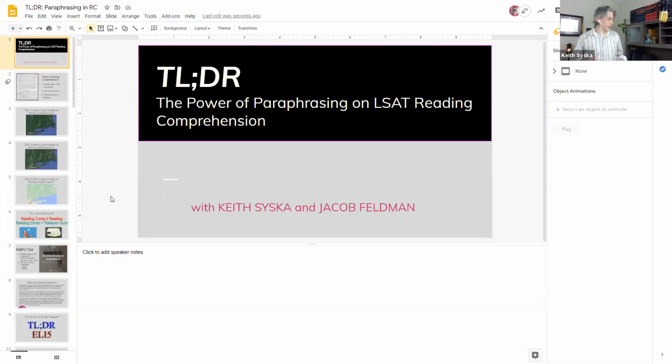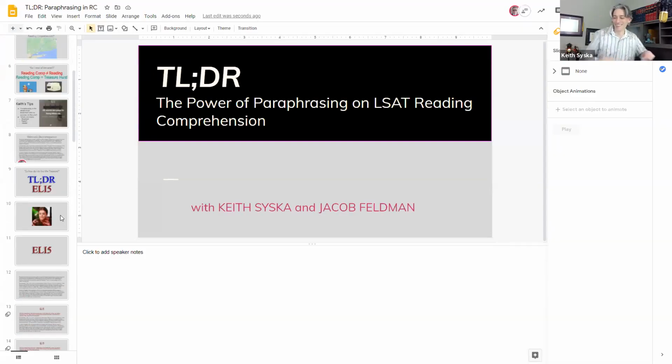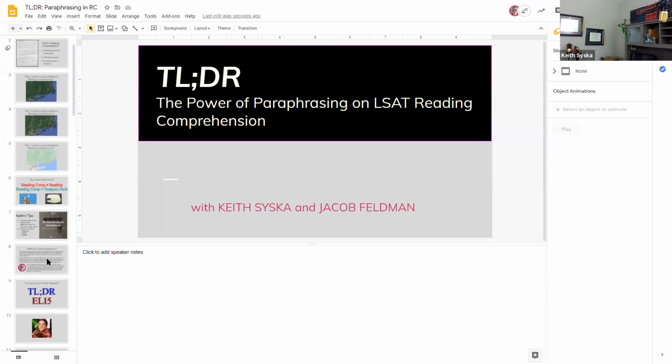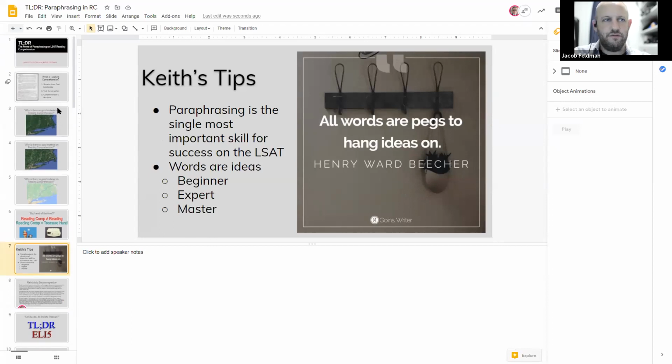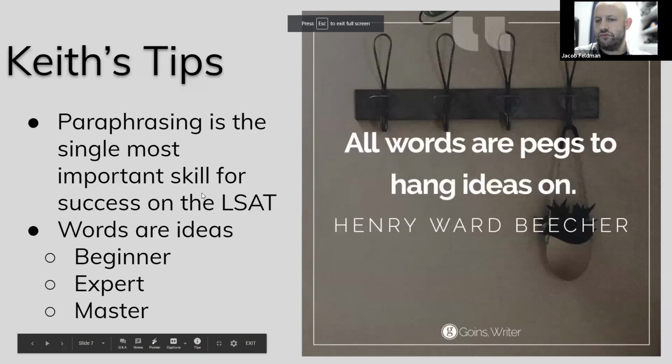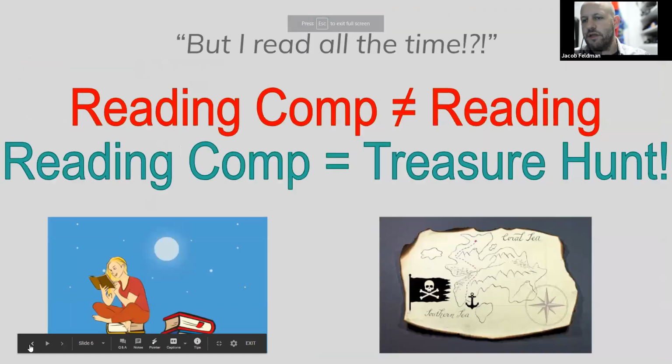See, I have to let the cat out. Okay, I think we're good. Good. All right, I'll start letting people in, but we can wait for a bit here. Back to the beginning.